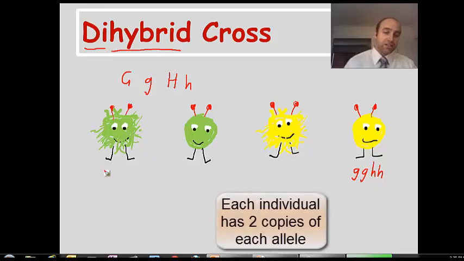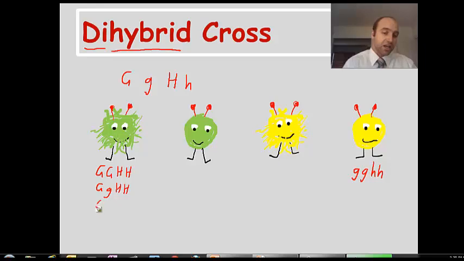On the other end of the scale we have an individual here who's green and hairy, and he has quite a few possibilities. He could be homozygous for both conditions, and notice again how he's got two alleles for colour and two alleles for hairiness. He could also be heterozygous for one of those characteristics, so he could be heterozygous for colour.